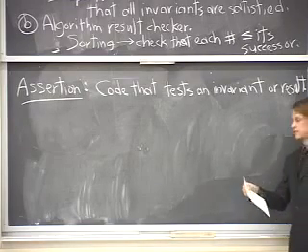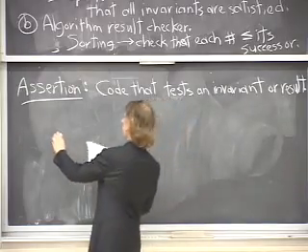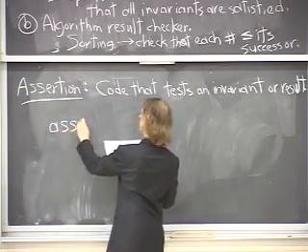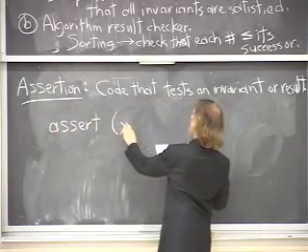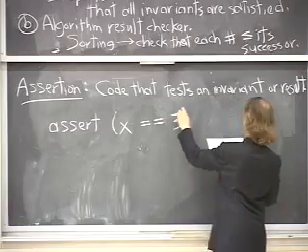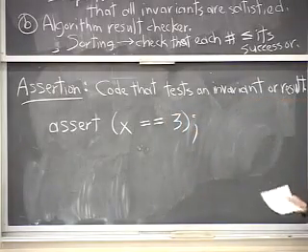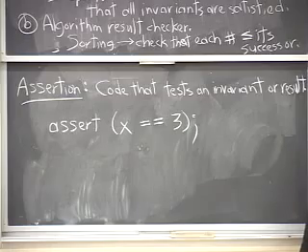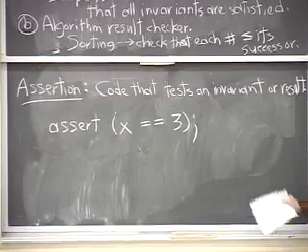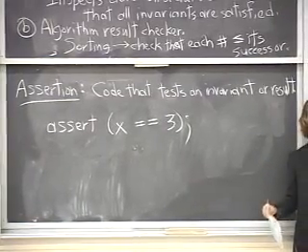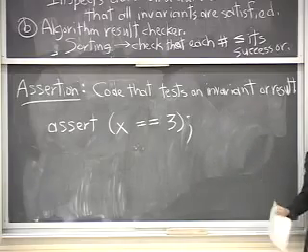So here's how it works. You write something in Java like assert x == 3, at some point in your code when you think that x should always be equal to 3 at that point. So if you think it's an invariant of your data structure that x is always equal to 3 at a certain point, then you can test that.